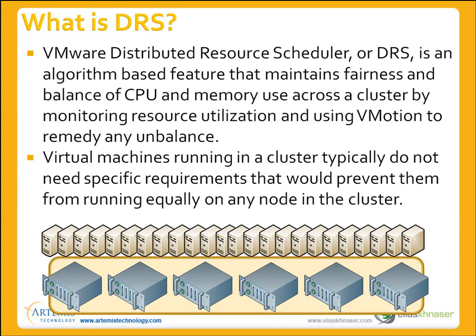DRS's function, its responsibility, is to monitor the cluster, and if it notices that on any particular ESX host the CPU and memory utilization is high, then it will migrate certain virtual machines to other ESX hosts in the cluster and try to load balance all of the ESX hosts in the cluster so not one is being heavily utilized whereas another host is not being heavily utilized. So it dynamically maintains resource fairness.